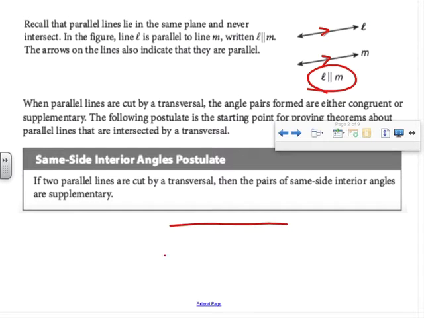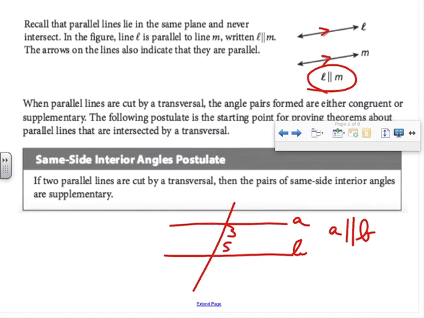So visually, if I have two parallel lines like A and B, if A is parallel to B, then angles 3 and 5 would be supplementary. So that means that the measure of angle 3 plus the measure of angle 5 would equal 180.